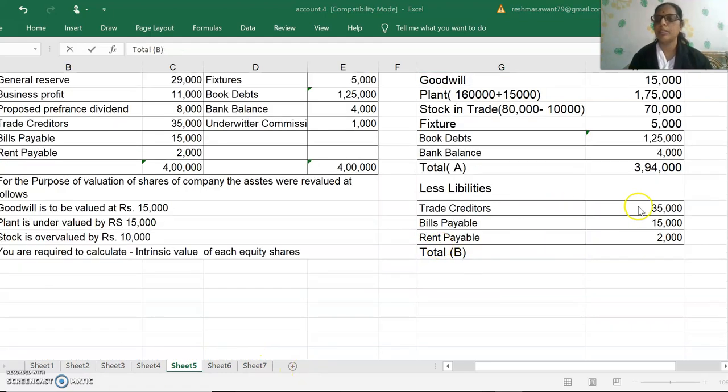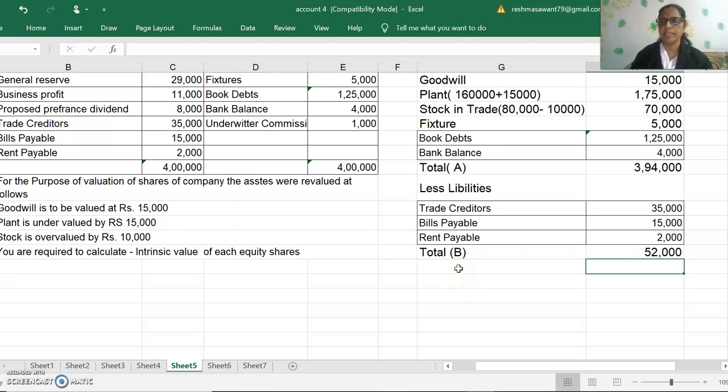Creditors 35,000, bills payable 15,000 and rent payable 2,000, these liabilities will be reduced from your asset. So the total asset 3,94,000 minus the total of 35,000, 15,000 and 2,000, that is 52,000 of your current liability.